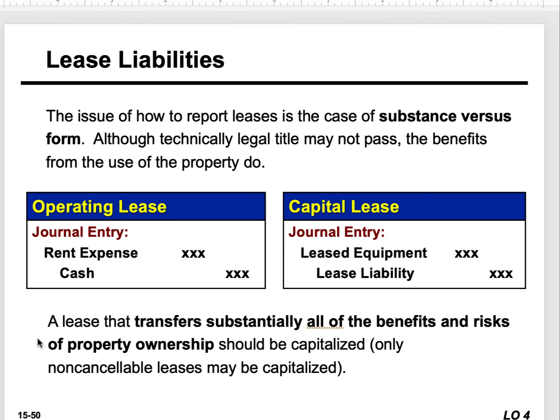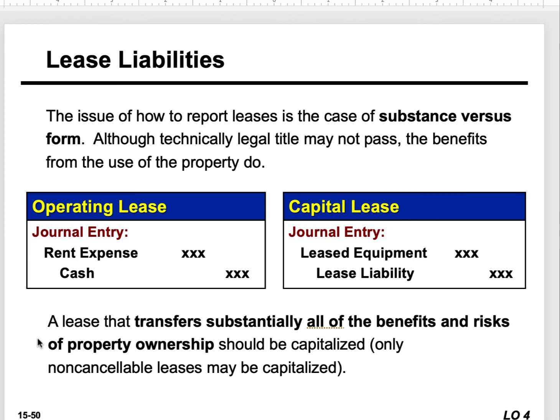Now, keep in mind that if a lease has an element that says ownership transfers at the end of the lease, then a lease that transfers substantially all of the benefit and risk of the property should be capitalized, right?